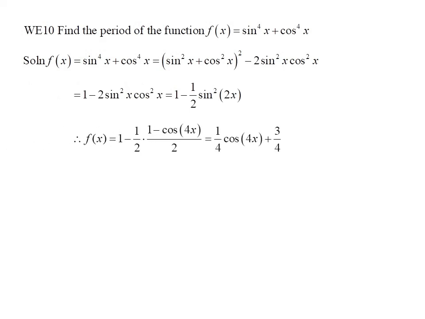Since sine squared 2x can be written as (1 minus cosine 4x) over 2, according to the cosine double angle formula, f of x is then simplified to 1 over 4 times cosine 4x plus 3 over 4. Hence, the period of function f of x equals 2 pi over 4, which is pi over 2.